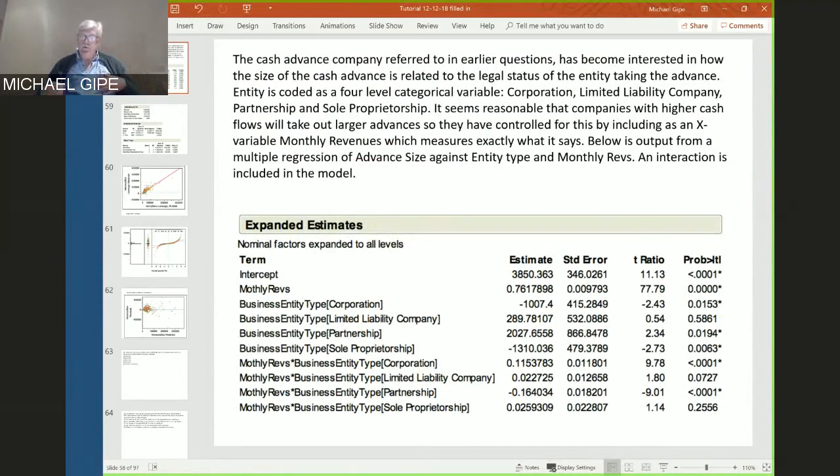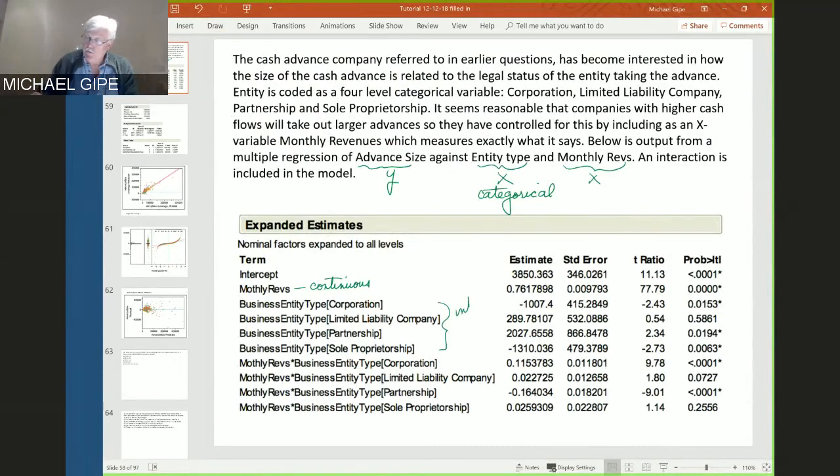An interaction is included in the model. So advance size is Y, this one is X, and this is X, and this is a categorical. And they've included an interaction term. So we can look at this, and this is a continuous. This is the effect of the categorical.